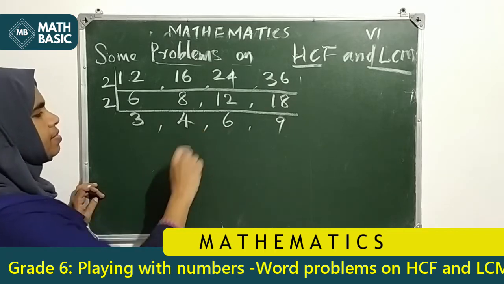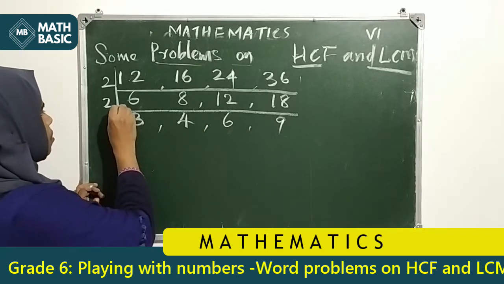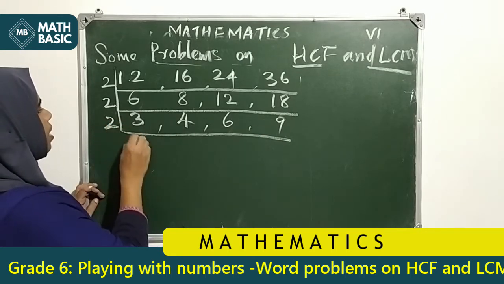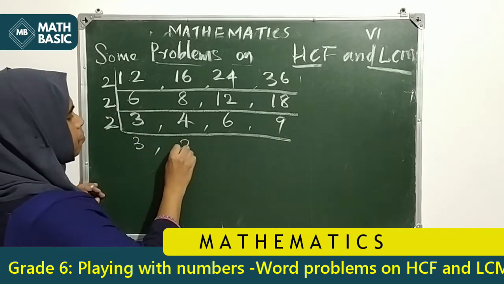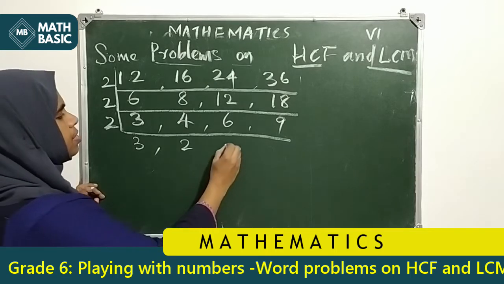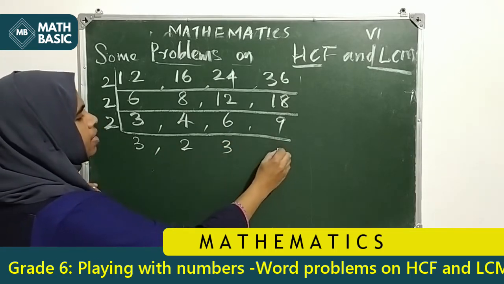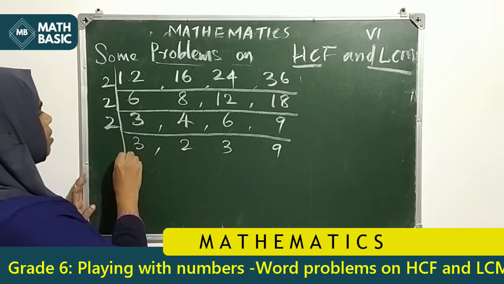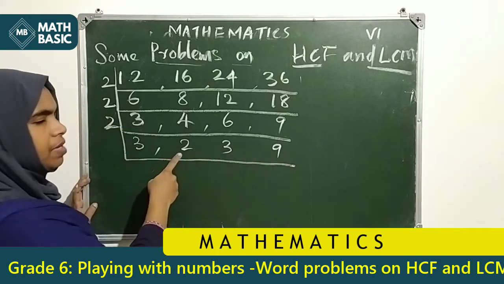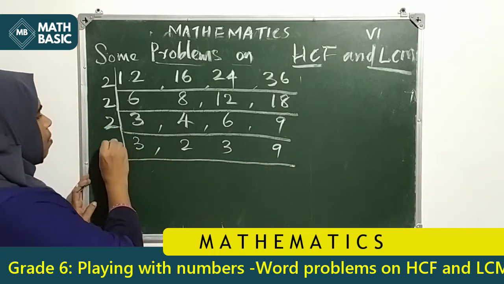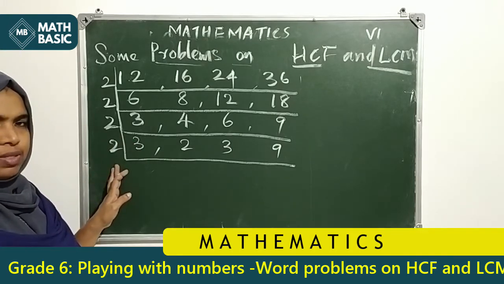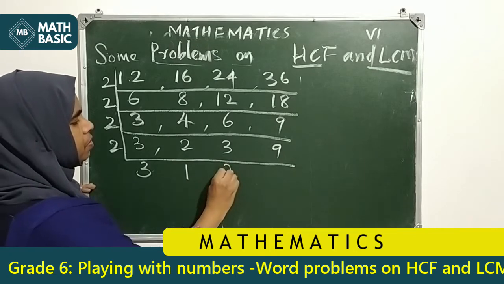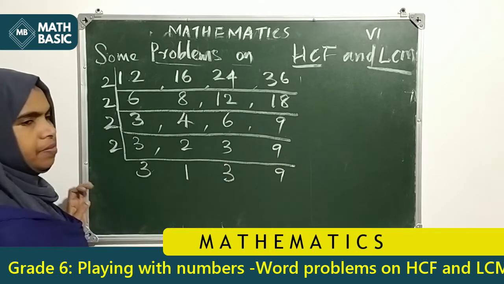Again, 4 and 6 are even numbers, so by 2: 3, 2, 3, 9. Then the only even number is 2, so by 2: 3, 1, 3, 9.